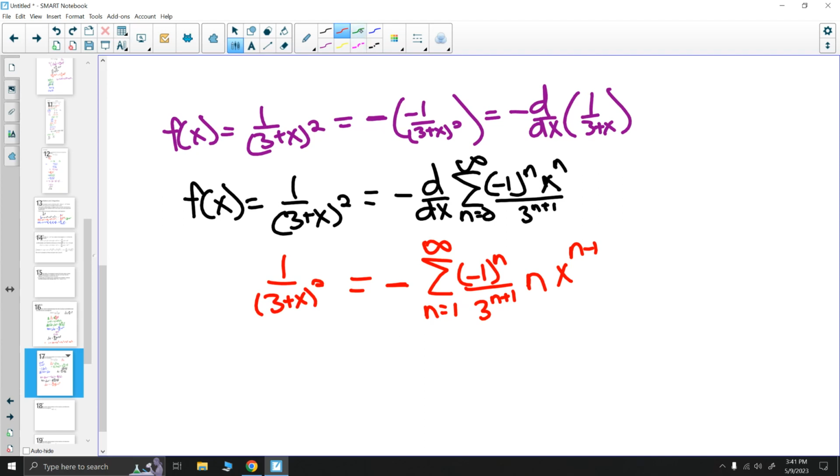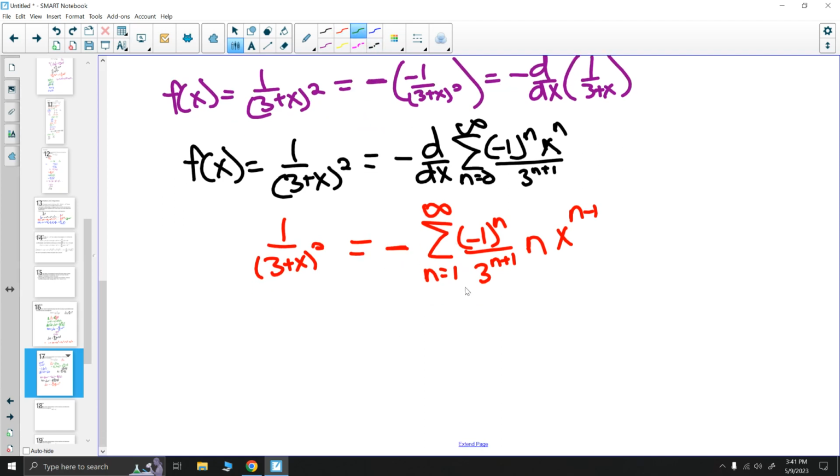Now, we can do a bit of cleanup work, but that is it. First of all, I'm going to put this negative into this thing, because this is like a negative 1 times here. Same base, so we add their exponents. So n equals 1 to infinity of negative 1 to the n plus 1 over 3 to the n plus 1.